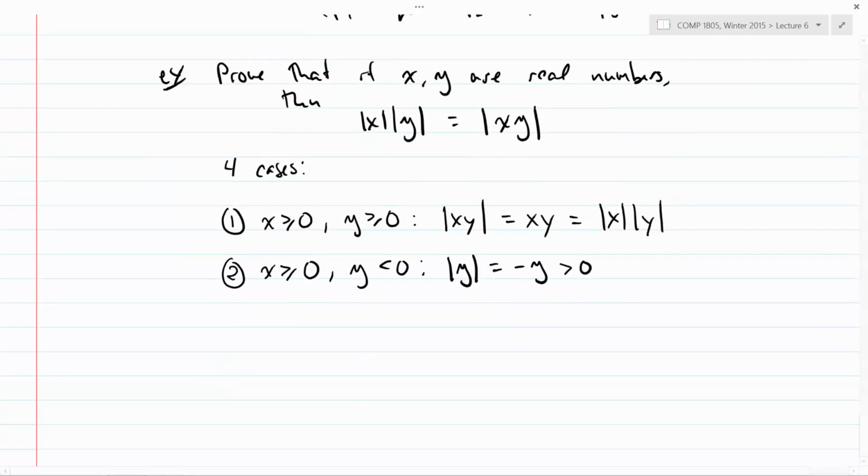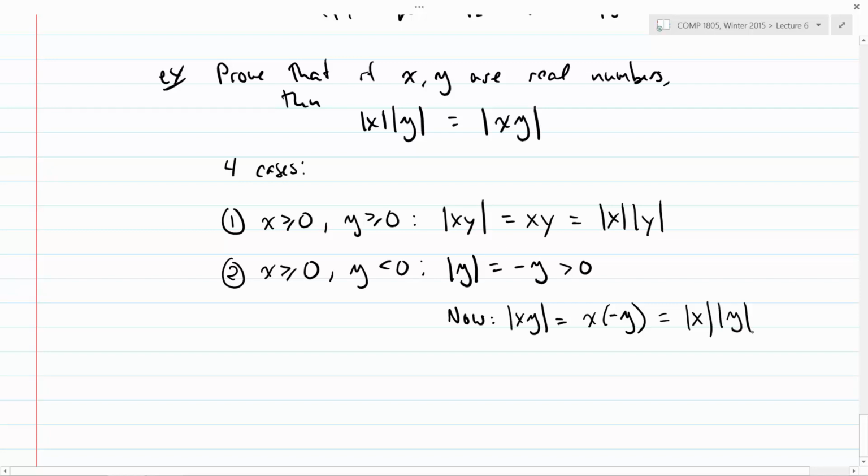So if that's the case, then the absolute value of x times y is equal to x times minus y, because y is negative, so minus y is positive. Since x is non-negative, it's equal to its absolute value. And minus y, I just set up here, is equal to the absolute value of y. So this shows that the absolute value of x times y is the absolute value of x times the absolute value of y. Is that okay?